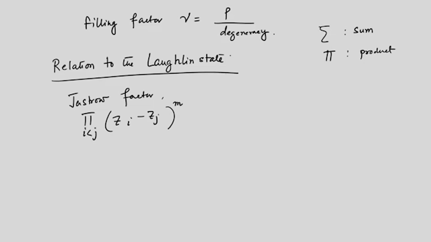What happens to the m minus 1 zeros? Okay. So, these m minus 1 zeros account for what are known as vortices. So, let me write: one zero ensures Pauli's exclusion principle.